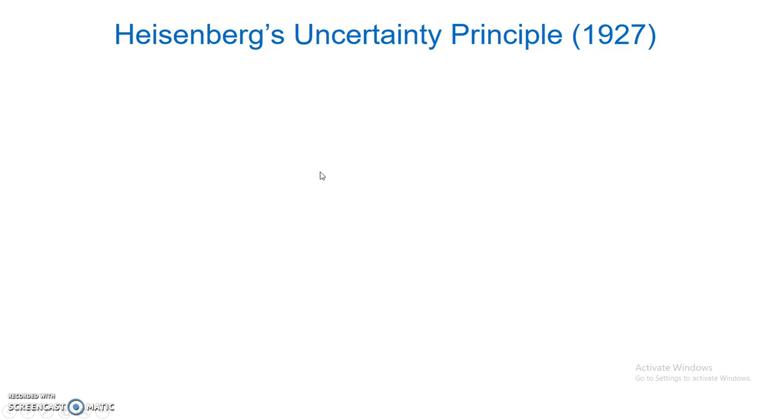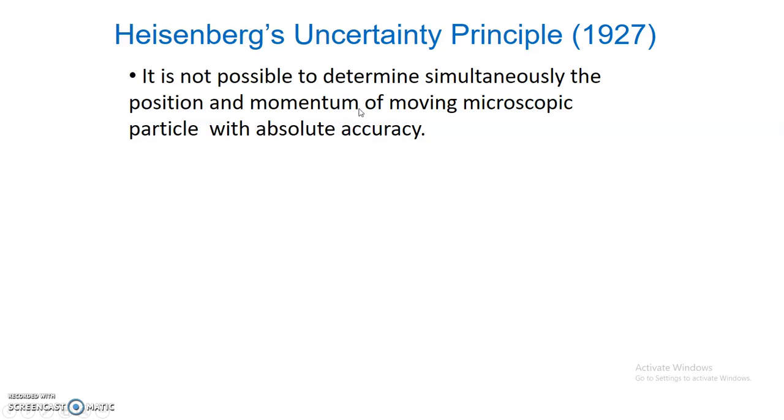Now next is the Heisenberg uncertainty principle. In the year 1927, Werner Heisenberg pointed out that we can never measure accurately both the position and velocity or momentum of a microscopic particle at a given instant. Therefore, according to the Heisenberg uncertainty principle, it is not possible to determine simultaneously the position and momentum of a moving microscopic particle with absolute accuracy or certainty.